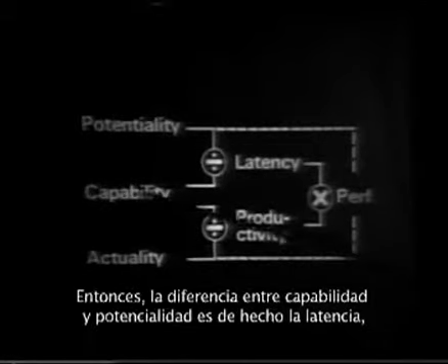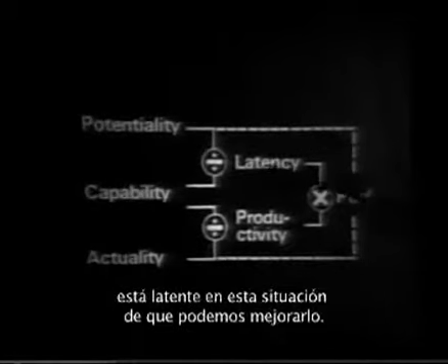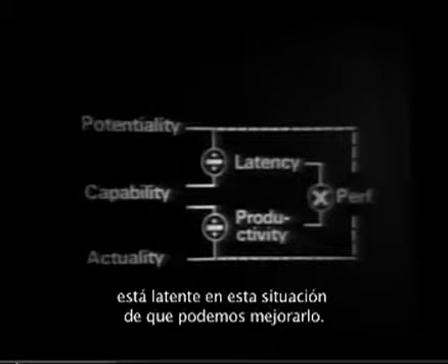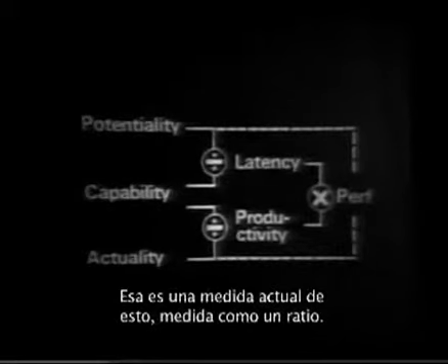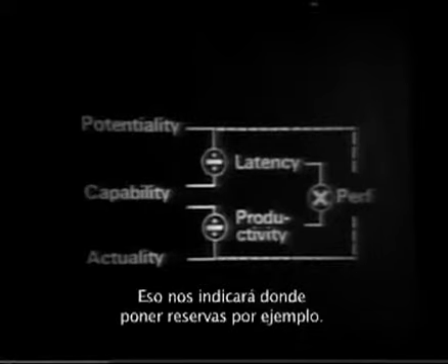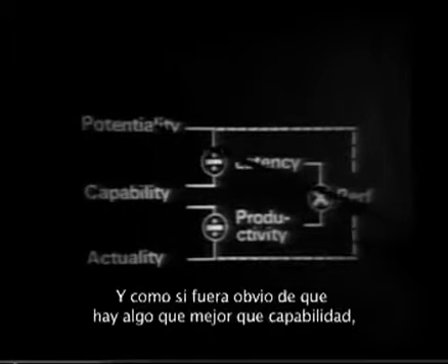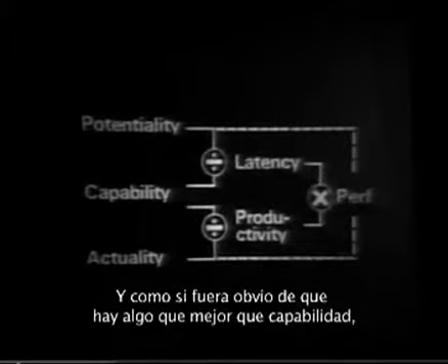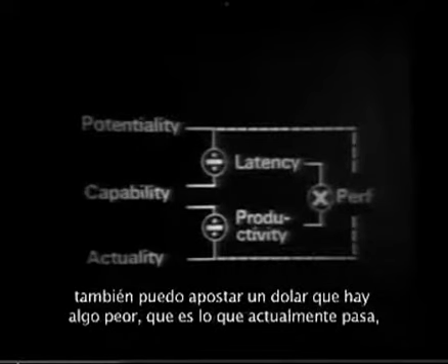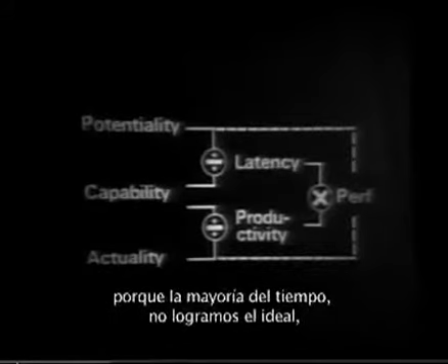So the difference between capability and potentiality is, in fact, latency. It is latent in that situation that we could improve it. That is an actual measure of it, measured as a ratio. That will indicate, of course, where to put research effort, for example. And just as it's obvious that there is something better than capability to which we may aspire, we can also bet our bottom dollar that there is something worse, and that's what actually happens, because most of the time we don't even achieve that of which we're capable.